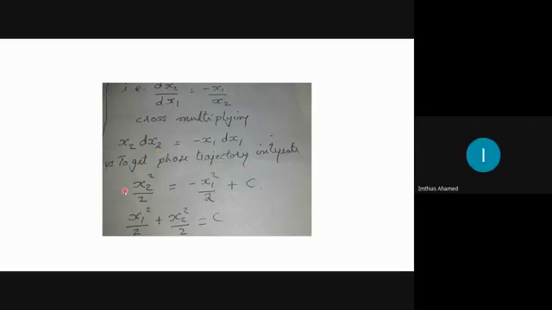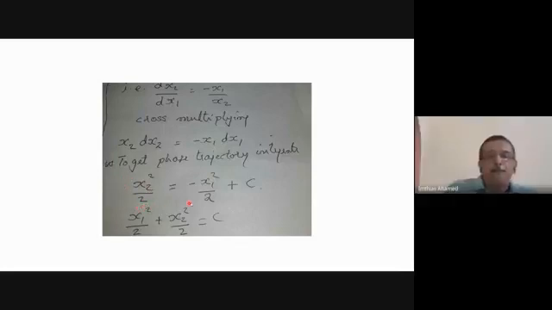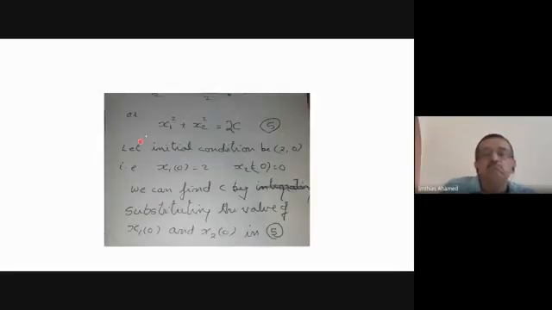So x2 dx2, if you integrate it, you'll get x2 square by 2. x1 dx1, if you integrate it, you'll get minus x1 square by 2 plus constant of integration. So x1 square by 2 plus x2 square by 2 is equal to c, or you can write it as x1 square plus x2 square equal to 2c.